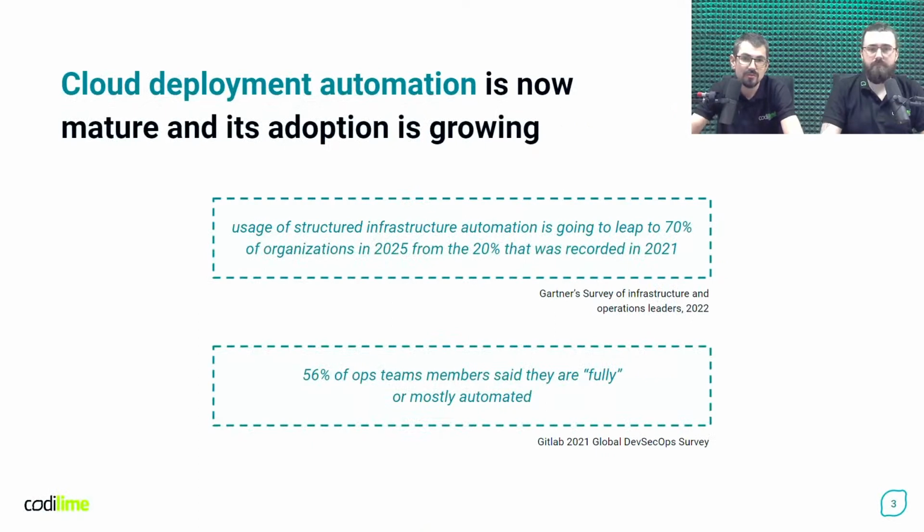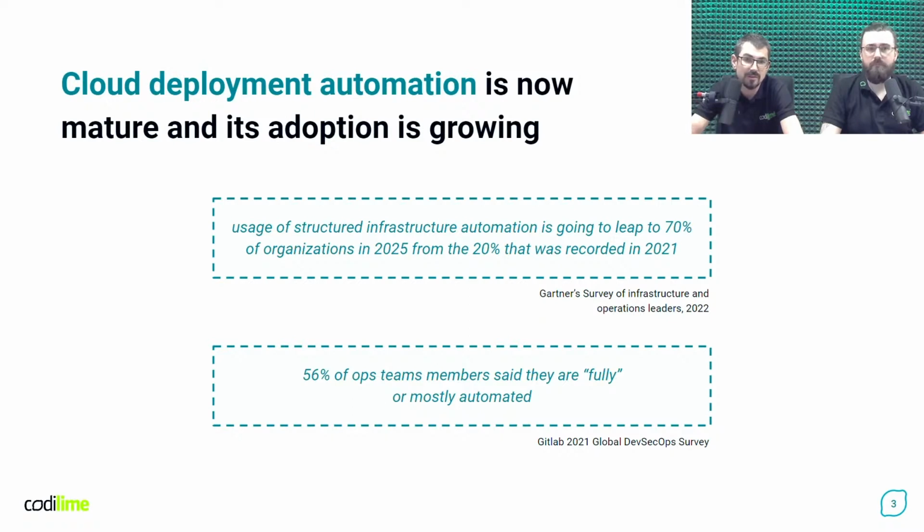So today the adoption of automation of cloud deployments is higher than ever before. The Gartner survey with infra operation leaders says that usage of structured infrastructure automation is going to leap to 70% of organizations in 2025 from just 20% in 2021.